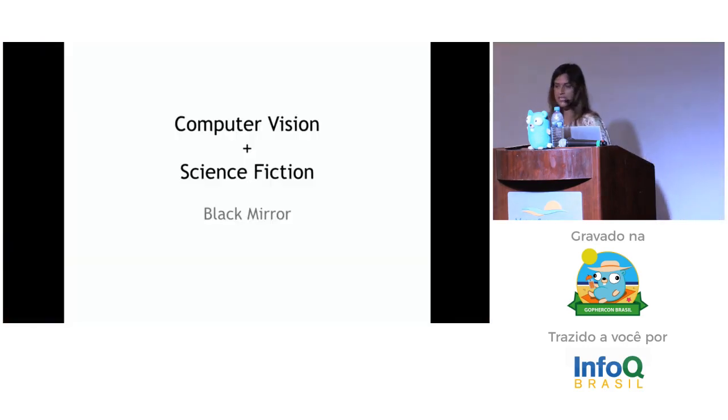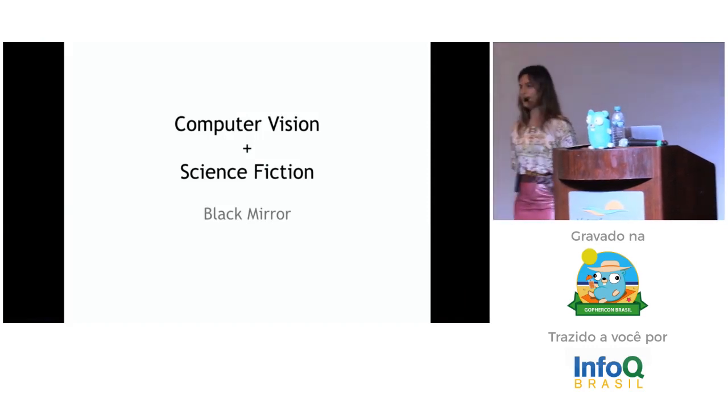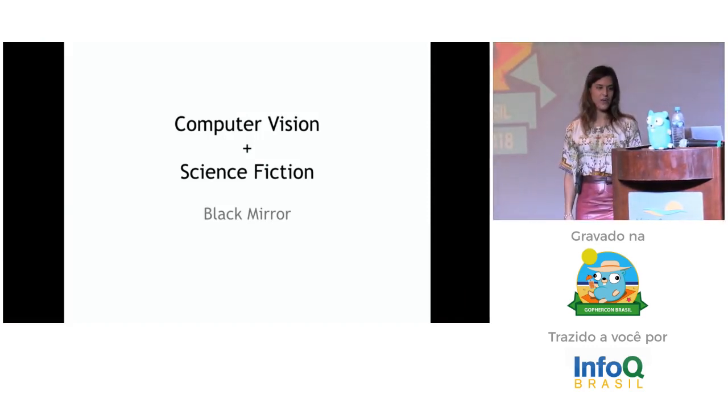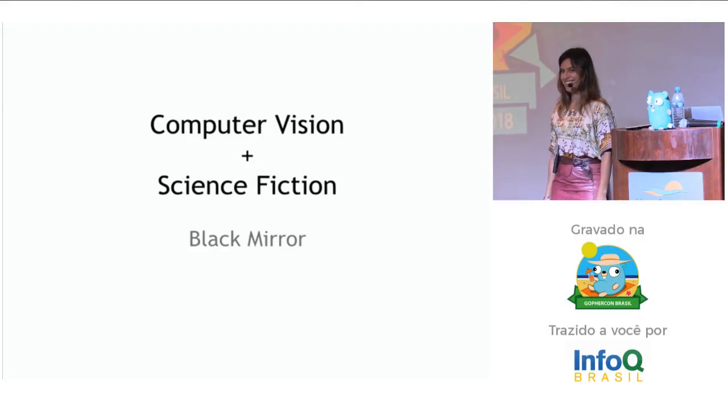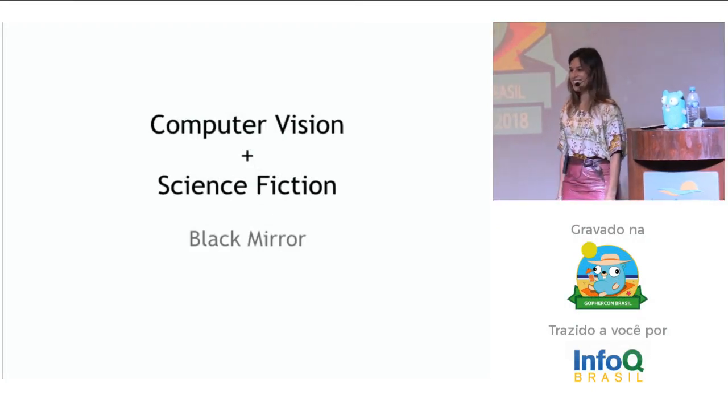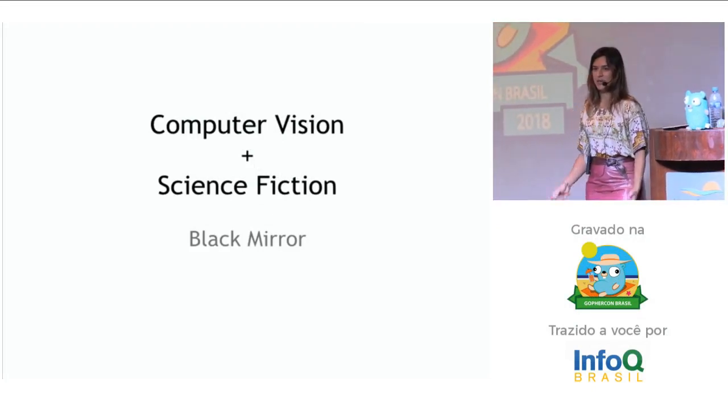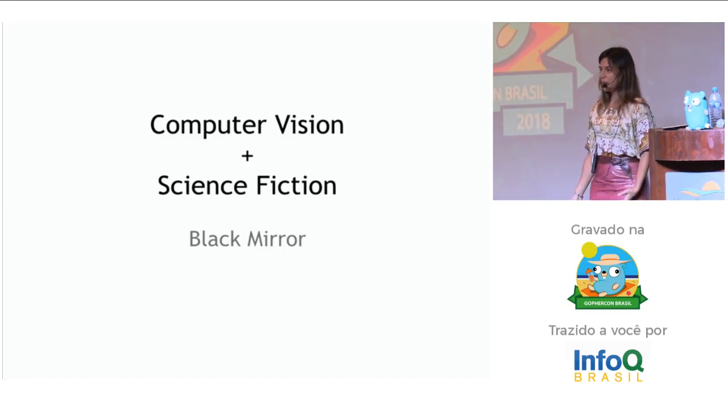Now, science fiction is really interesting because it gives us some insight into the future and what can be done with computer vision. So has anyone seen the show Black Mirror? It's a really interesting show, and it goes into a bit of techno-paranoia and into the future and what we can do with some of the computer vision tools or just technology tools that we're developing.